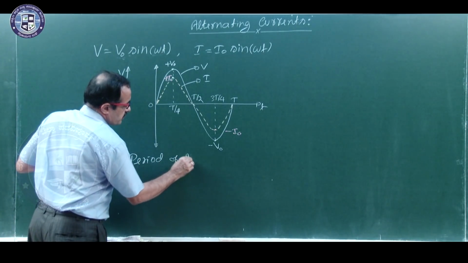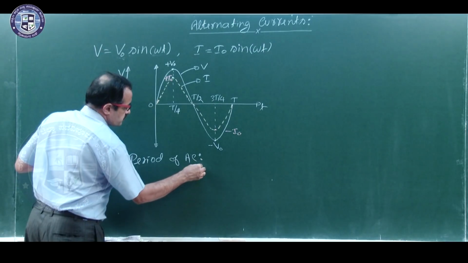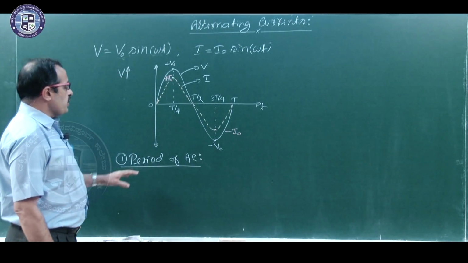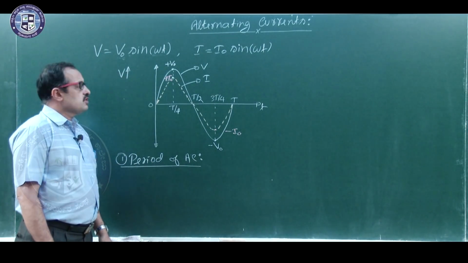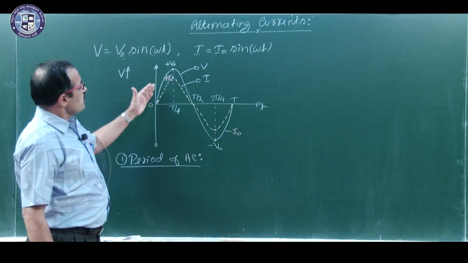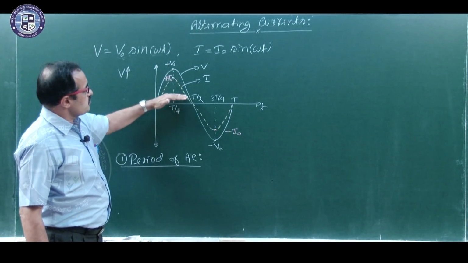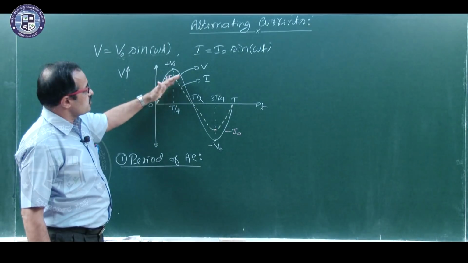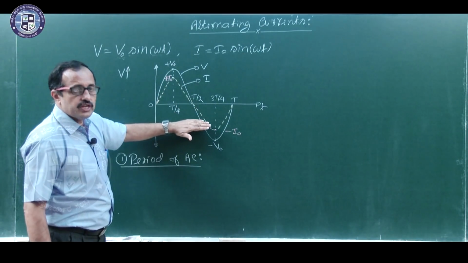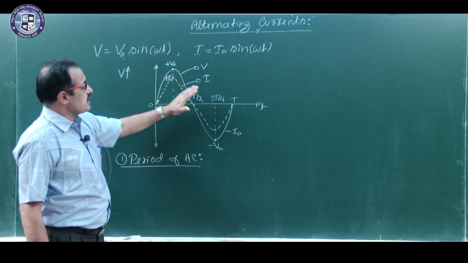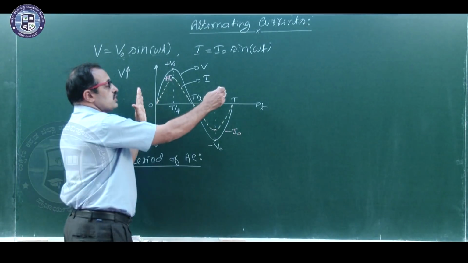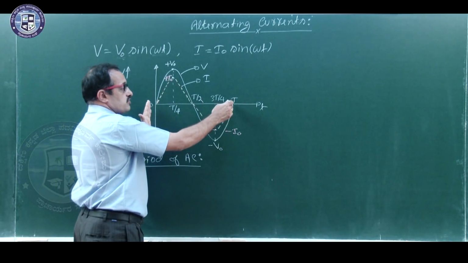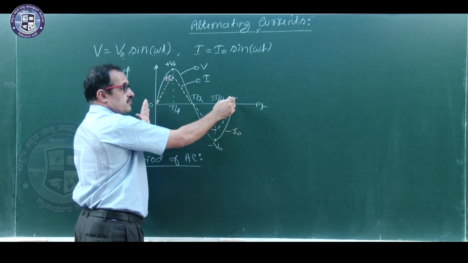Period of AC, alternating current. What is the period of AC? Now this is known as the positive half cycle because the values of both voltage and current are positive. Then what about this negative half cycle? So positive half cycle and negative half cycle together are known as one cycle of variation.